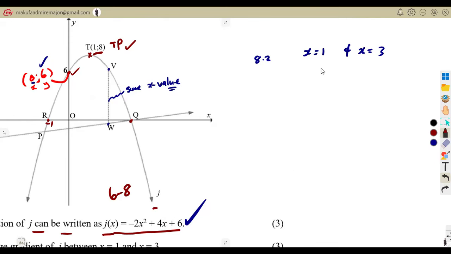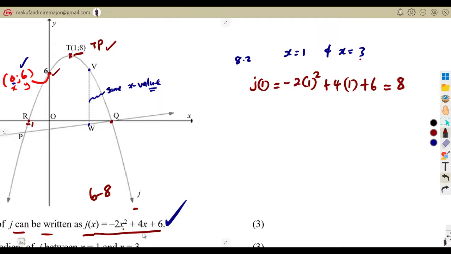So when x is 1, the value is minus 2 times 1 squared plus 4 times 1 plus 6, which gives us 8. Substitute a 3, that's j(3): minus 2 times 3 squared plus 4 times 3 plus 6, which gives us 0.